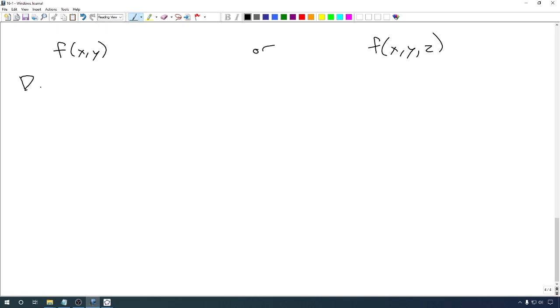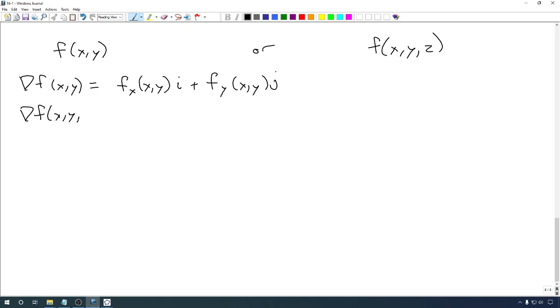So the gradient of f at a point x, y is the derivative of f with respect to x times i plus the derivative of f with respect to y times j. Or if we were working in 3 variables, we end up with 3 components, of course, because we have 3 different partial derivatives.